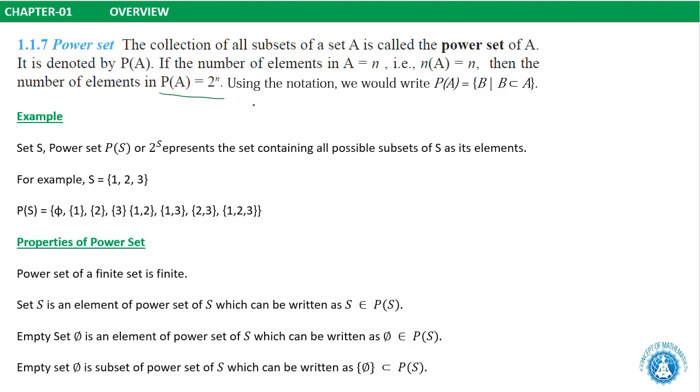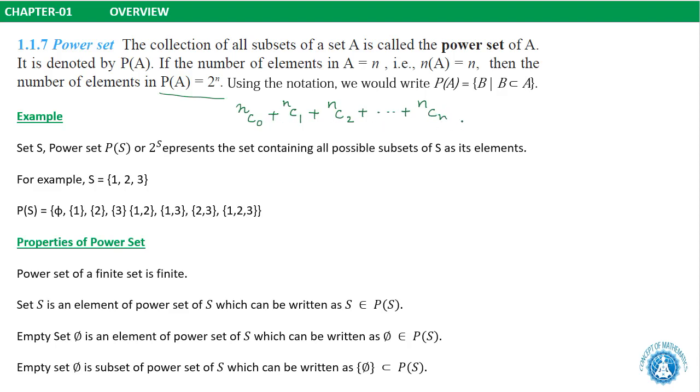If the number of elements is equal to n, then in the power set we can choose none of these, and we can choose 1 also, we can choose 2 out of n also, and like that we can choose all of the elements at the same time.